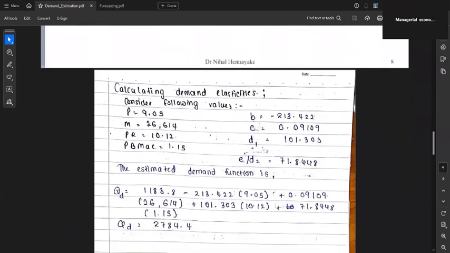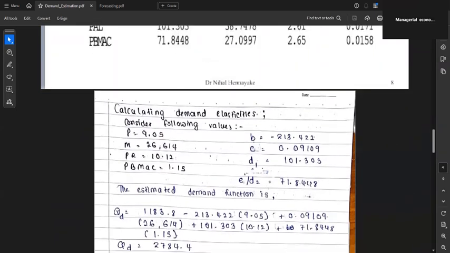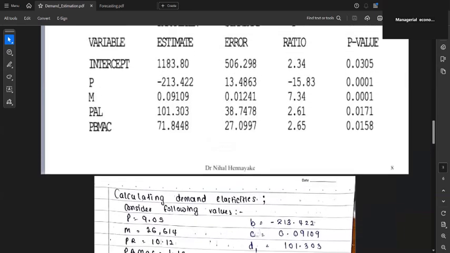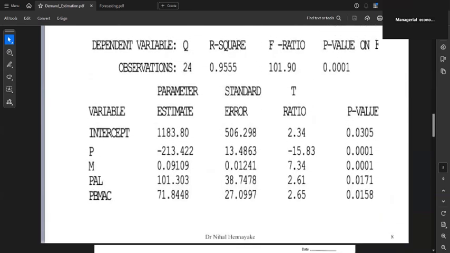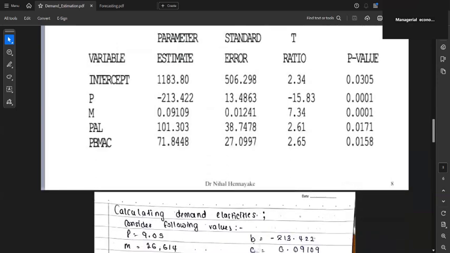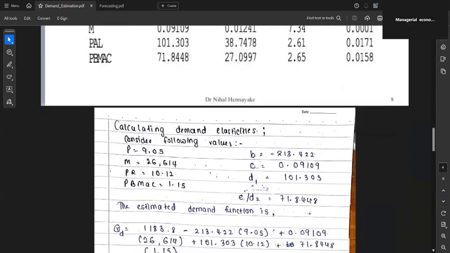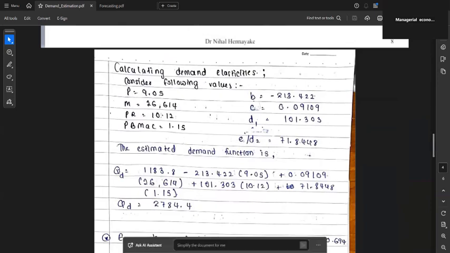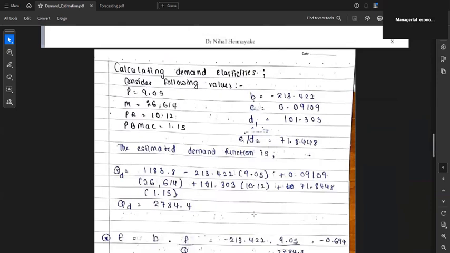So by this, we have estimated the demand function. We have got the parameters. We have assumed different values for price, income, the price of the related goods, the competitor's price, and then the price of Big Mac.